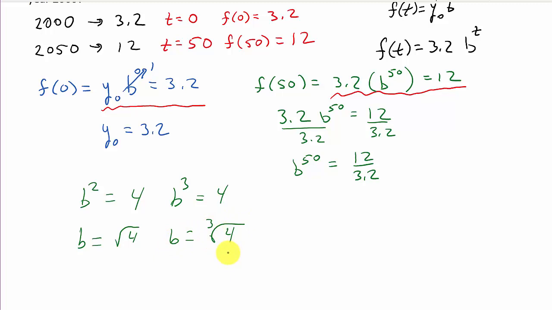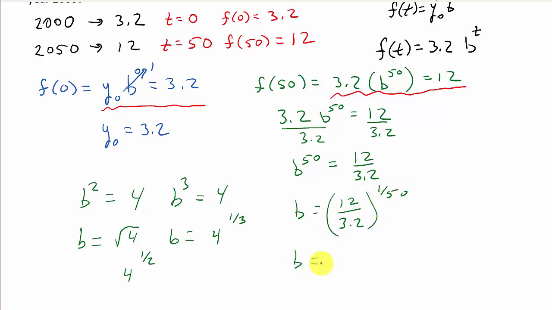Instead of writing the cube root of 4, I can rewrite this radical as 4 raised to the 1/3. That's the same thing. And remember, square root of 4 is 4 to the 1/2. So to get this, b is 12 over 3.2 raised to the 1/50.